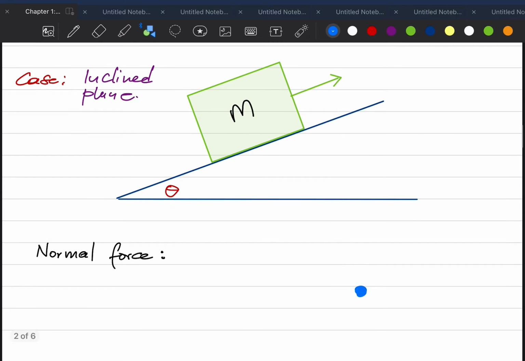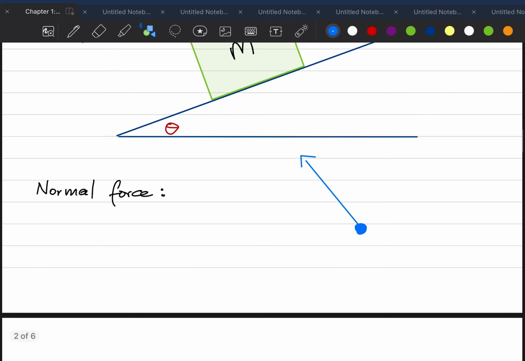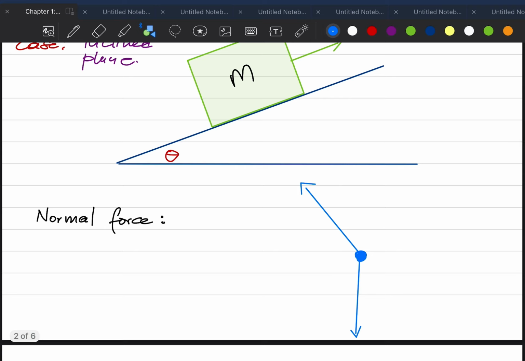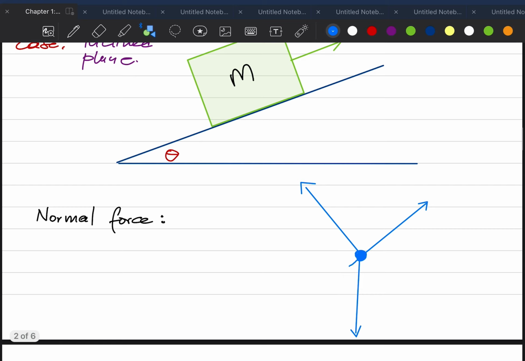Now this is my normal force, because my block is facing this direction, but my weight always acts perpendicular to the surface. Now, my force applied is like so. This is a rough surface, so I should have a frictional force there.